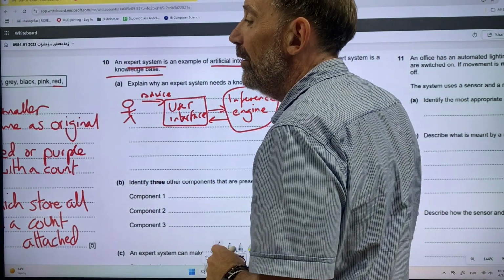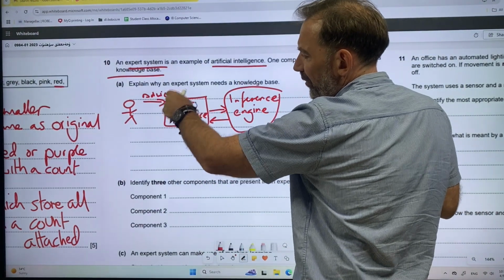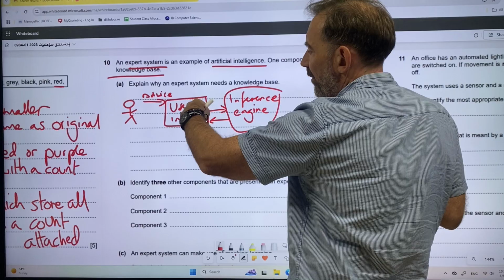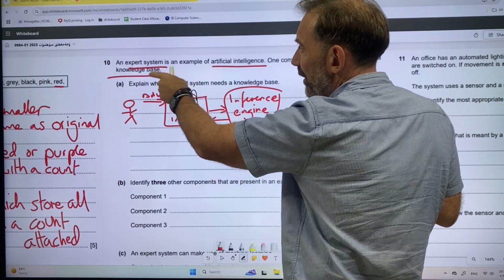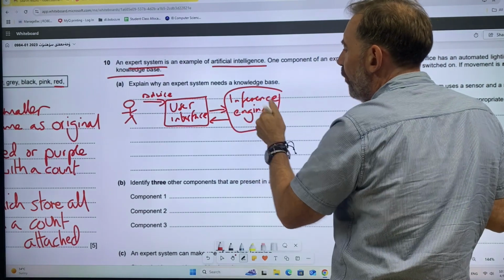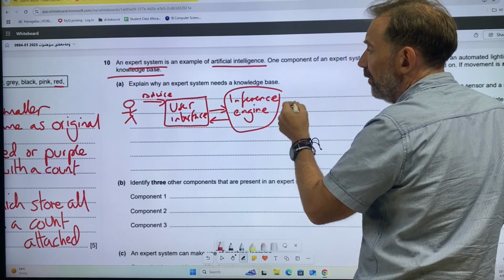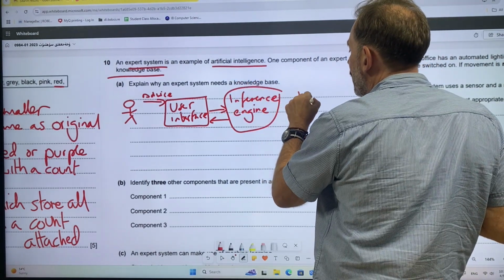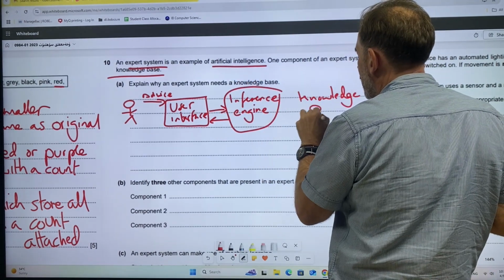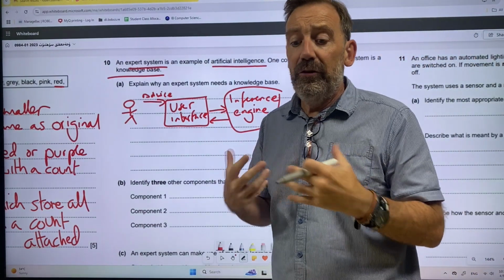So the user asks for advice. He uses a user interface to connect to the knowledge base. The knowledge base has something called an inference engine in it, which talks to the knowledge base, basically a great big database of knowledge.